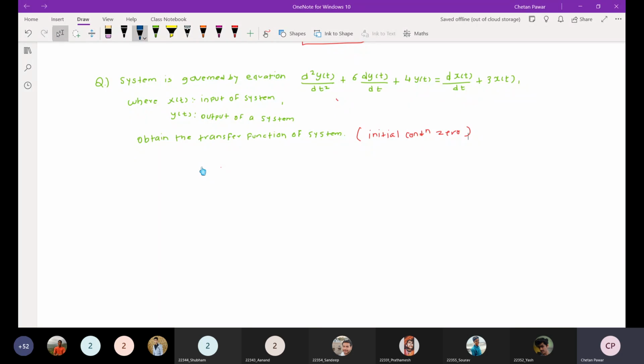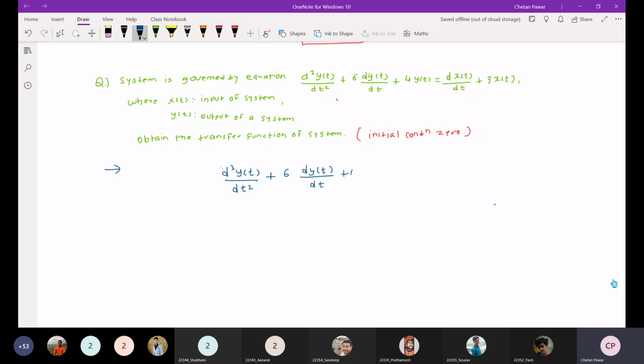Now, here you can apply the Laplace transform to this with the zero initial condition, as you know the differentiation property. So first I will write d square y of t by dt square plus 6 dy by dt plus 4 y of t equals x of t plus 3 x of t.